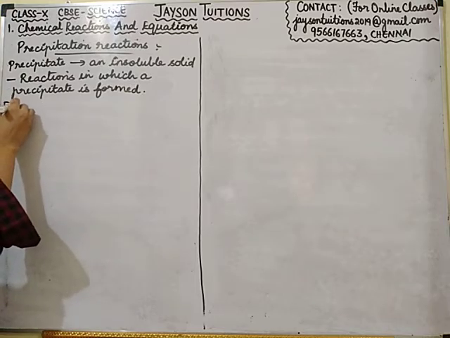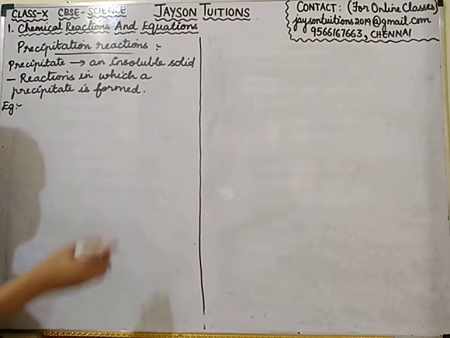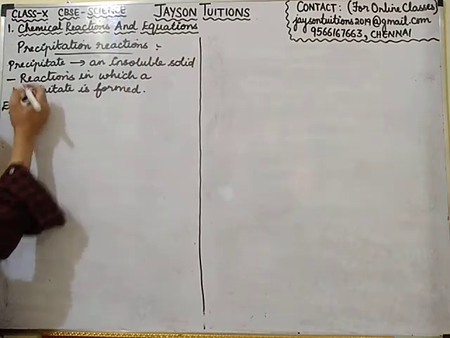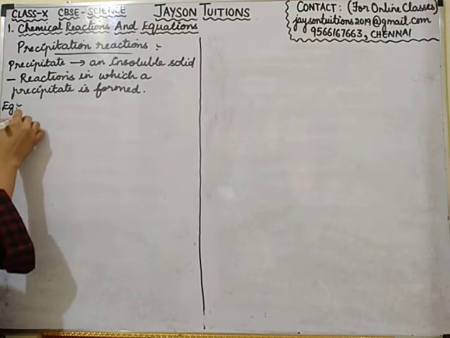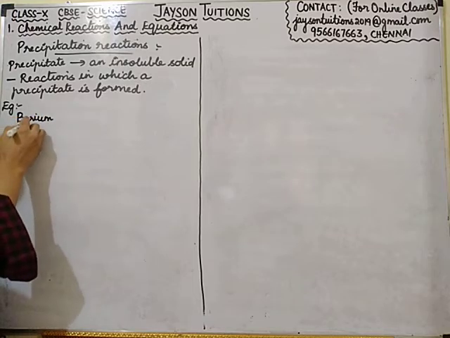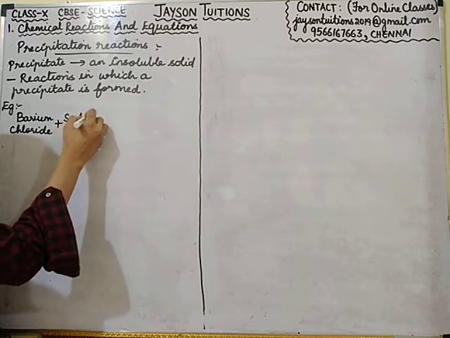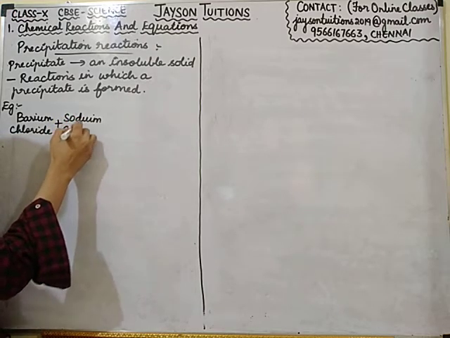You have studied many reactions in which a precipitate is formed, for example in double decomposition reactions. We can write the reaction between barium chloride and sodium sulfate.